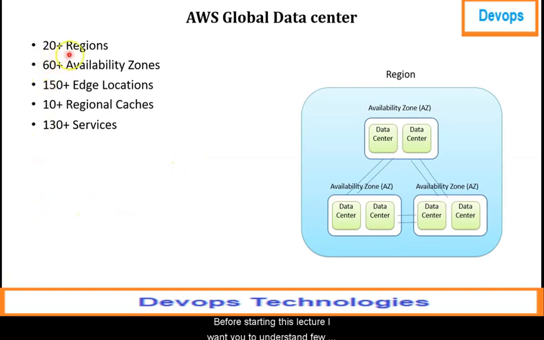Before starting this lecture, I want you to understand a few things about AWS. First one is AWS Global Data Centers. Whenever we use some AWS services, typically we will deploy it in some AWS geographical area. Now that geographic area is called an AWS Region, across the world.